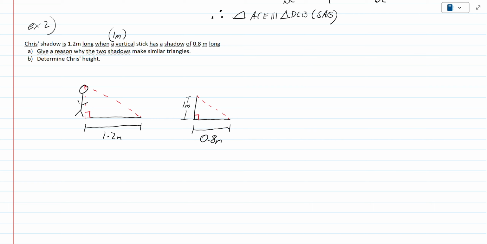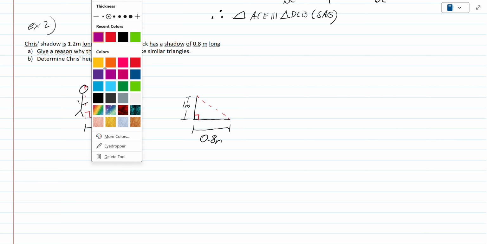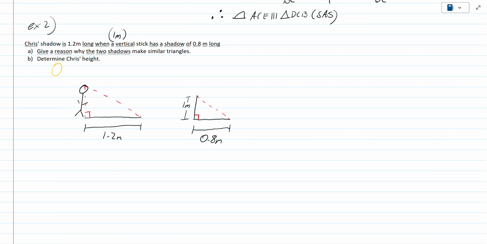Now the sun is going to be shining from the same direction. The way in which this question is set up suggests that all angles are the same. So for part A, give a reason why the two shadows make similar triangles.